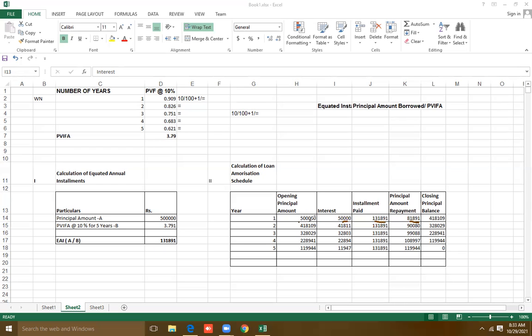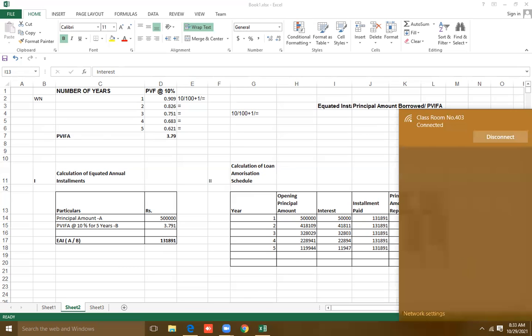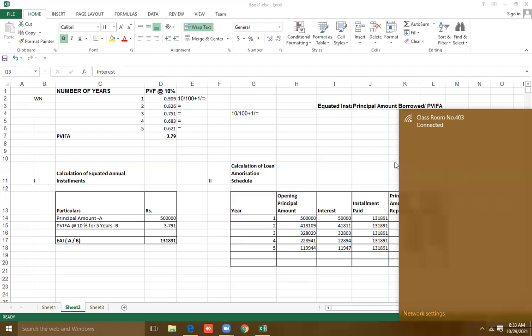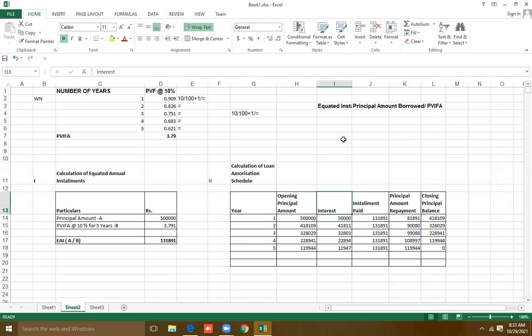You have taken 5 lakh from the bank and repaid 81,891, so the remaining principal will be 4,18,109. Understood this part? Very clear. Everybody understood? Yes or no?